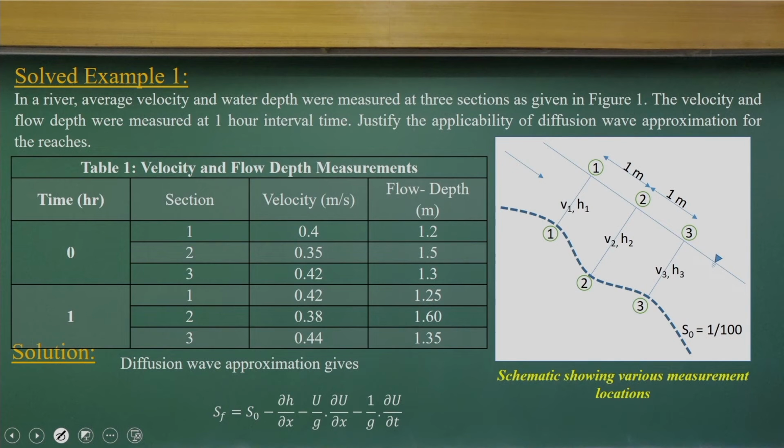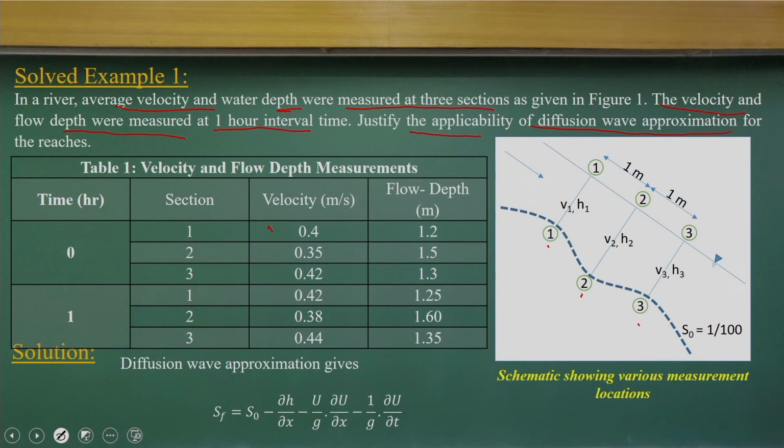In a river, the average velocity and the water depth are measured at three sections. The velocities v1, v2, v3 and depths h1, h2, h3 are given, and they were measured at 1 hour intervals. Justify the applicability of the diffusion wave approximation for these reaches.